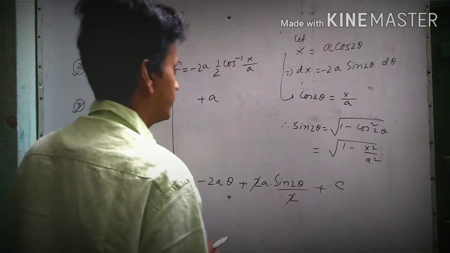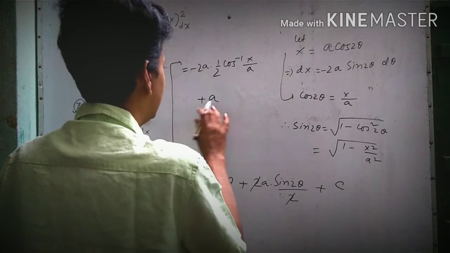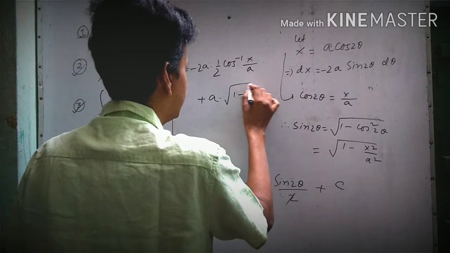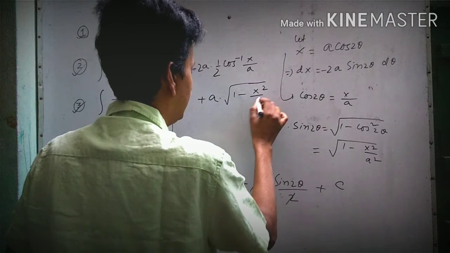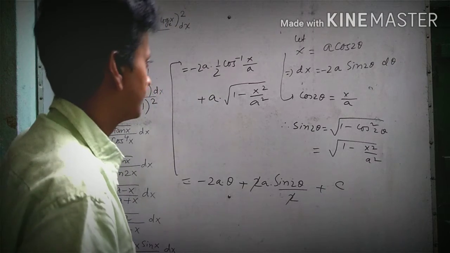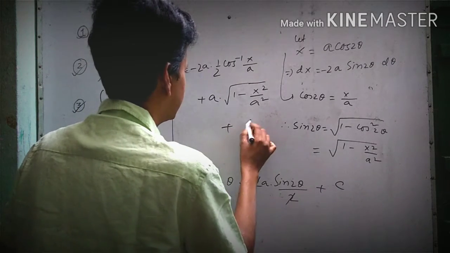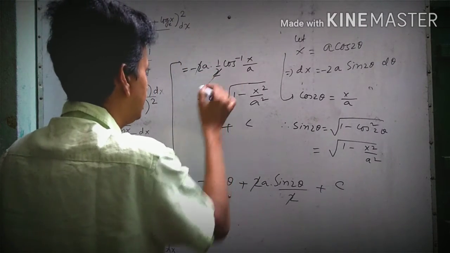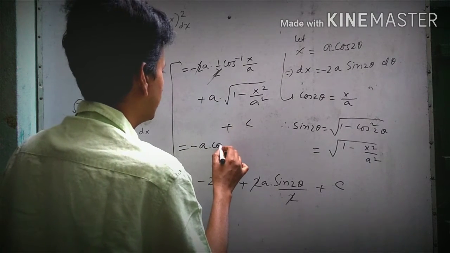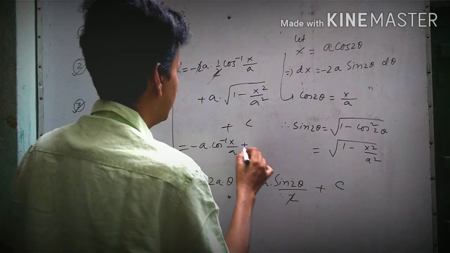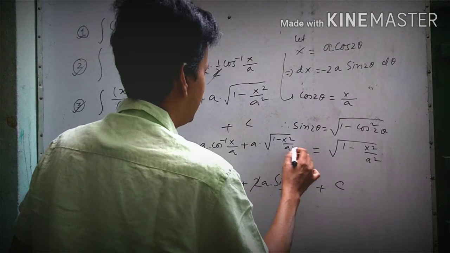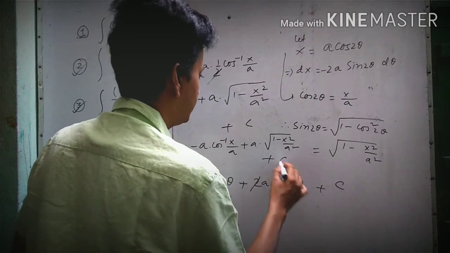Now we put the value of sine 2 theta, so we get plus a into root over of 1 minus x square by a square plus c. Here we can cancel 2 and 2, so our final result will be minus a into cos inverse x by a plus a into root over of 1 minus x square by a square plus c.